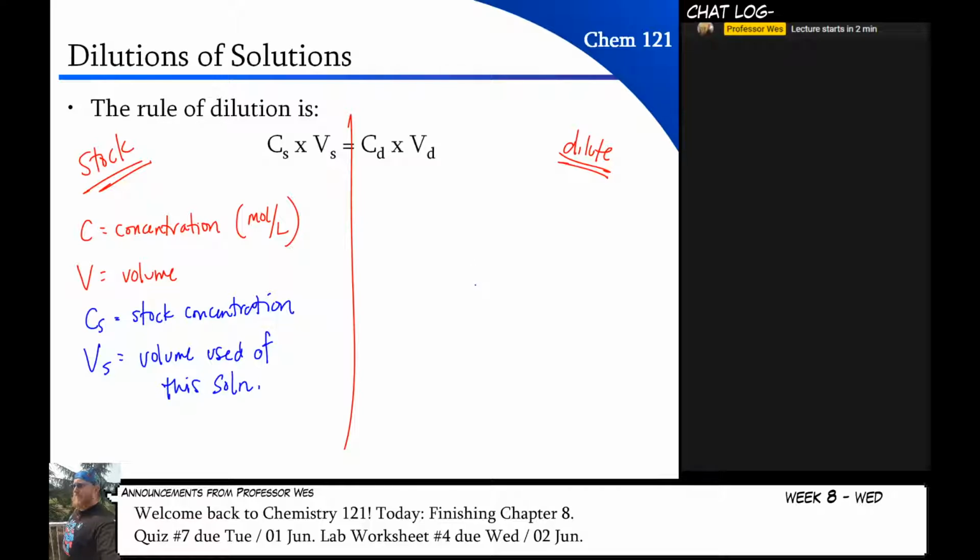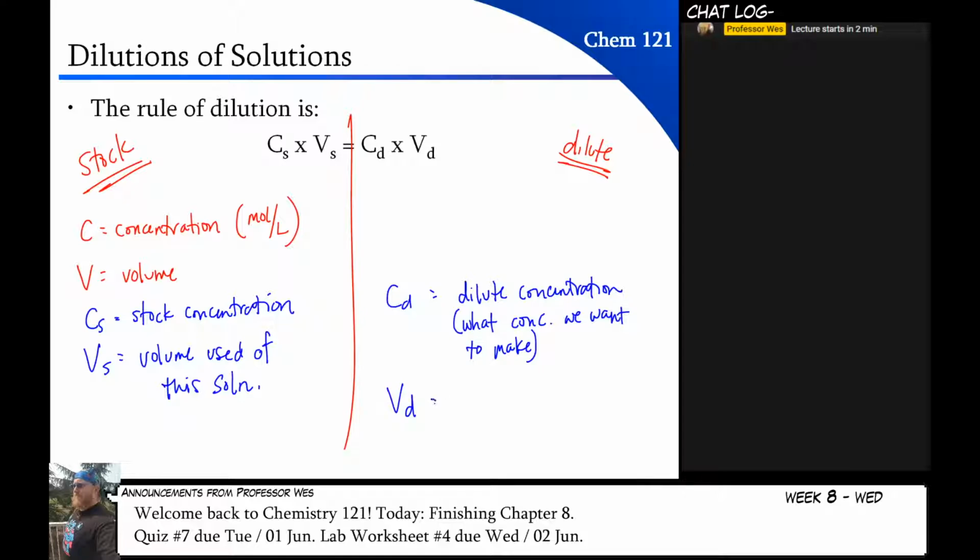All right. On the other side, CD is the dilute concentration. Now, we get to choose what the dilute concentration is. You get to say what it is. If a procedure asks you, hey, you need to make this solution, that would be your dilute concentration. That's what you want to make. When you are done, you should have some solution of this concentration.